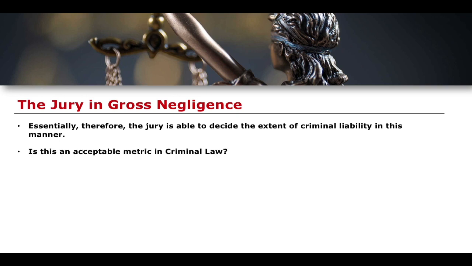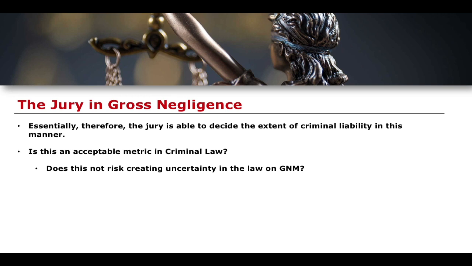Now, one of the questions that you may want to ask in relation to the criminal law is whether or not this is an acceptable metric, and does this not risk creating uncertainty in the law for cases of gross negligence manslaughter and lead to circumstances where there are potentially rule of law violations, or potentially breaches within the general concept of legal certainty, which is established by the basic understanding of the rule of law.